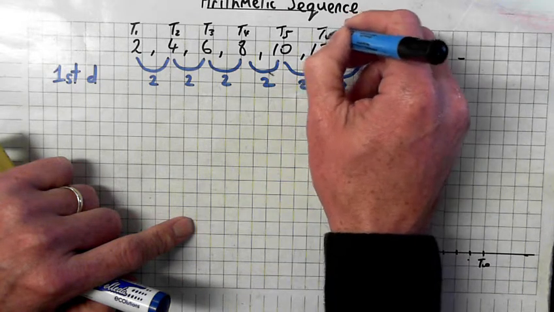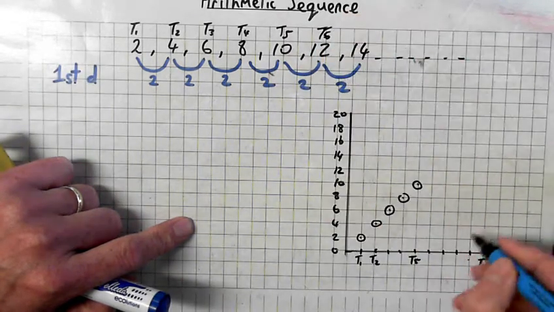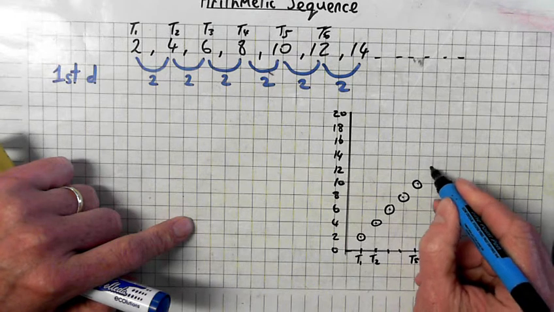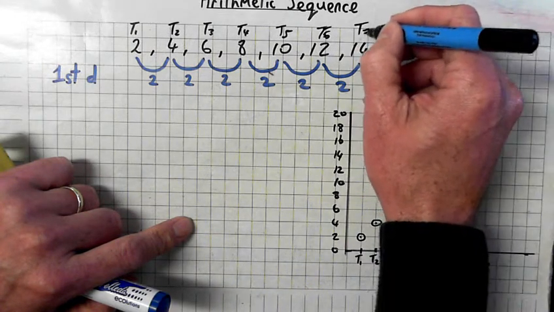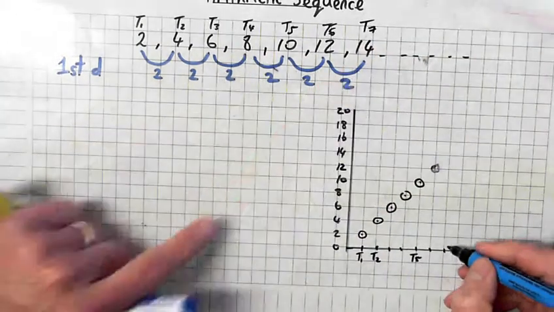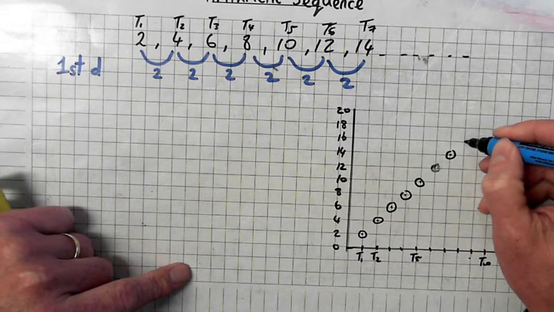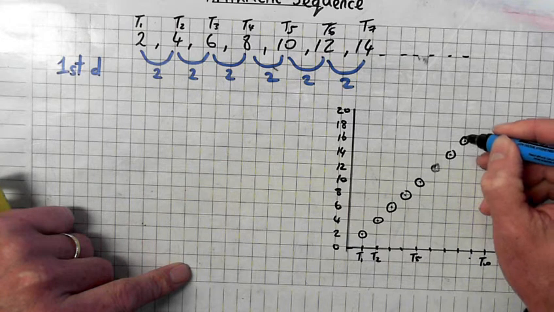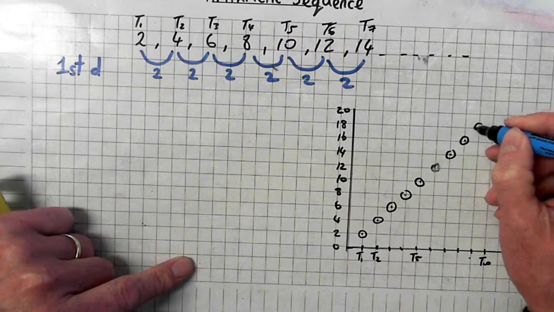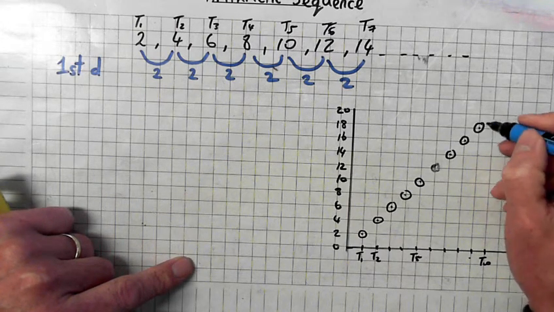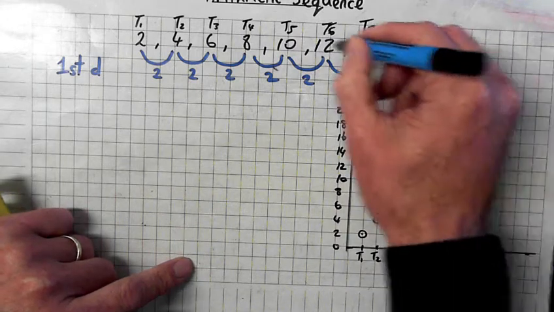Term 6, keep going, term 6 is 12. Term 7 is 14. Now I don't even have to look at this anymore. There's term 7, 14. There's the next term. Term 8 is 16. Term 9 is 18. Term 10 is 20. Why do I not have to look at that anymore?